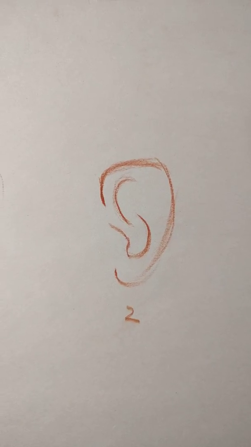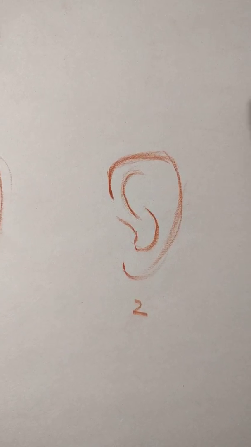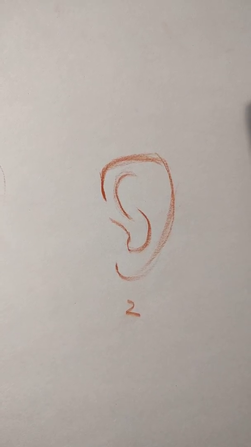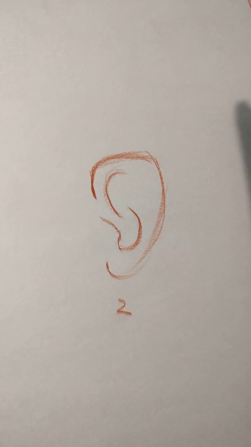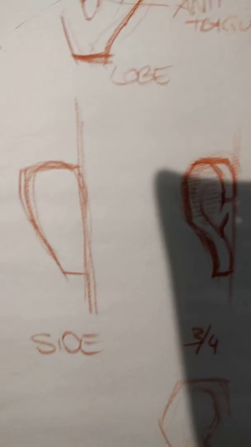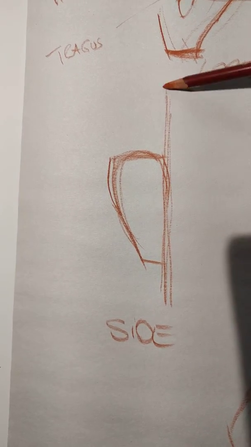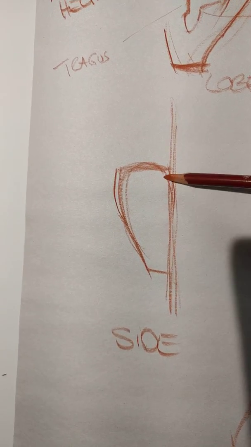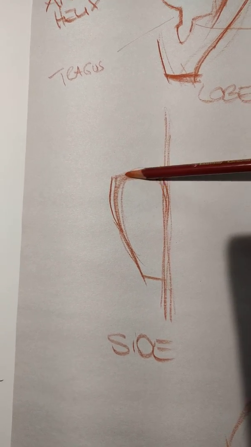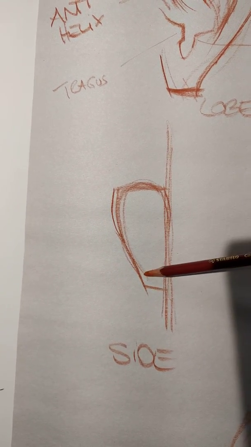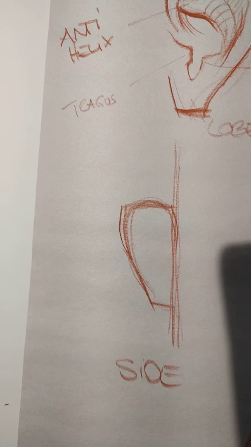Let's talk about the ear shapes from different angles. From a side view, here's where the ear attaches. We already talked about this, kind of rounded on top, then it funnels towards where the ear attaches.